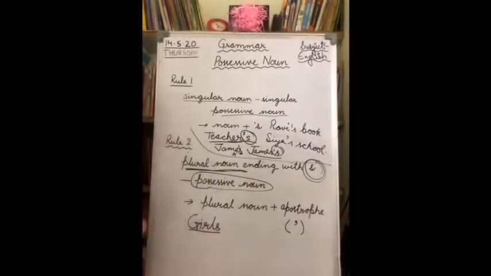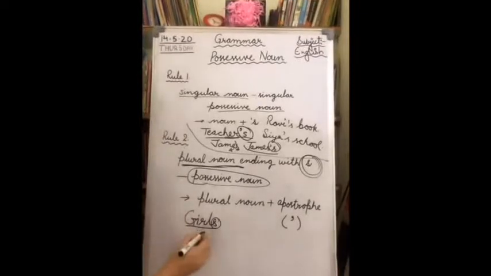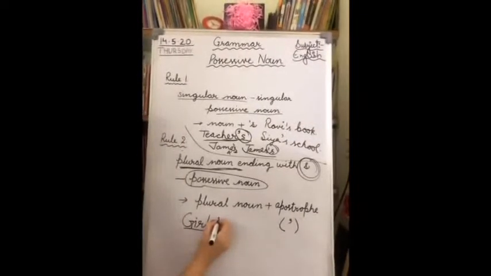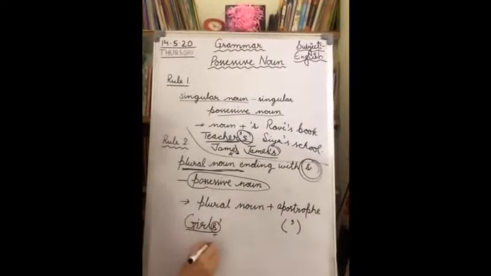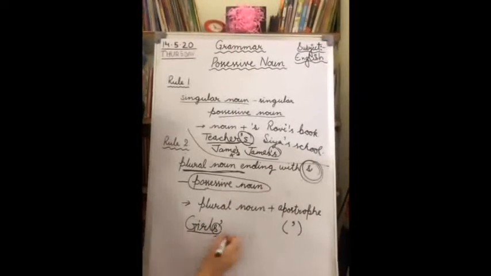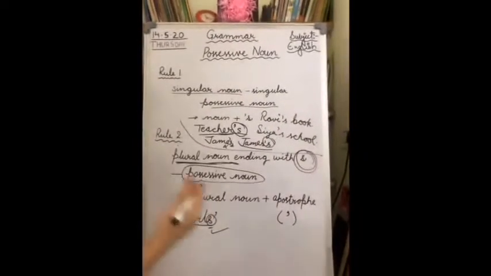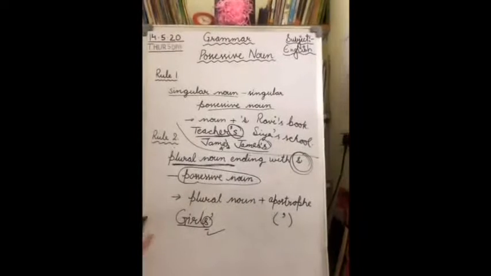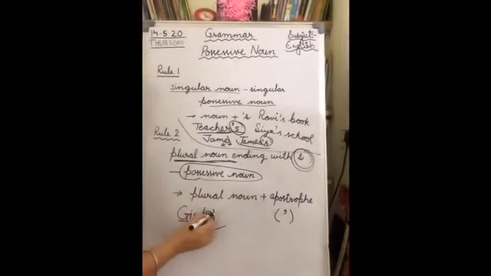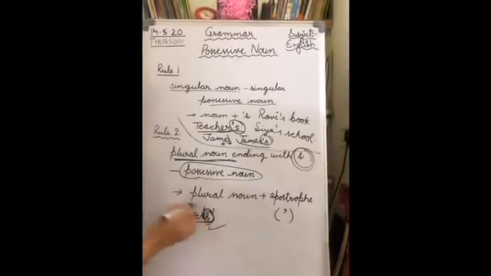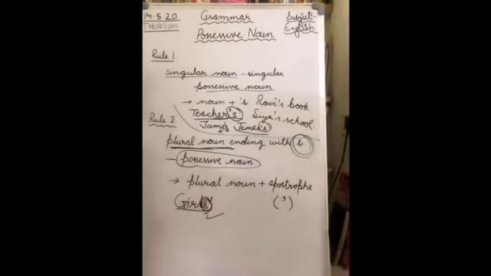Girls is already plural and ending with s. What we are going to do here is we are simply going to put an apostrophe after the s, not before it. Before it will make it wrong. This is correct. Whenever we are writing something plural and the plural form of that word is ending with s at the end, at that time we are simply going to add apostrophe at the end.